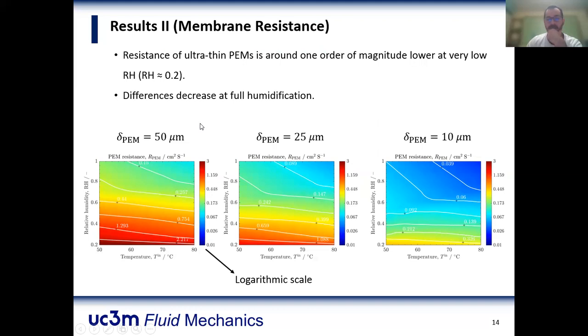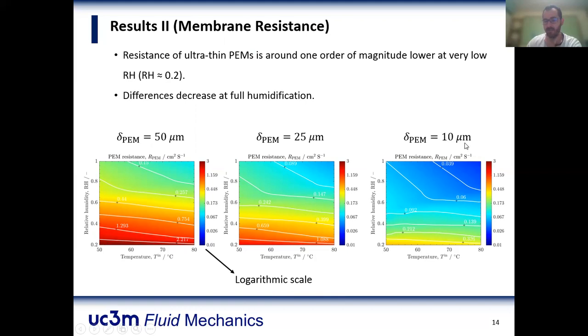Why is that happening? Well, first we have the resistance of the membranes. Here we are using a logarithmic scale. For the membrane of 50 microns, we reach very high resistance at low humidification. Here it is even comparable to the one we have with 50 microns.